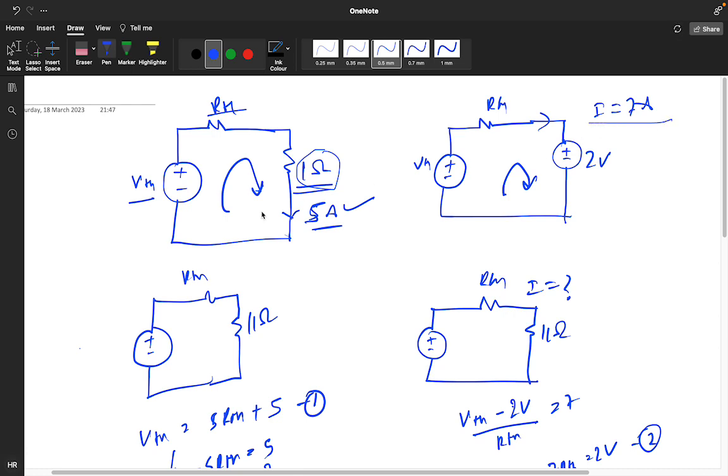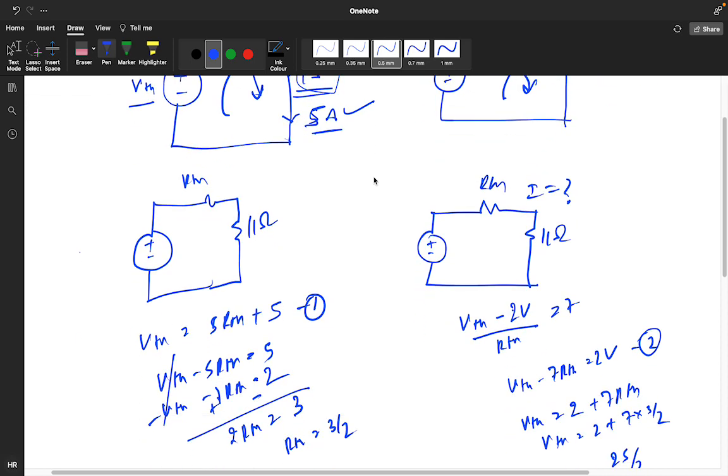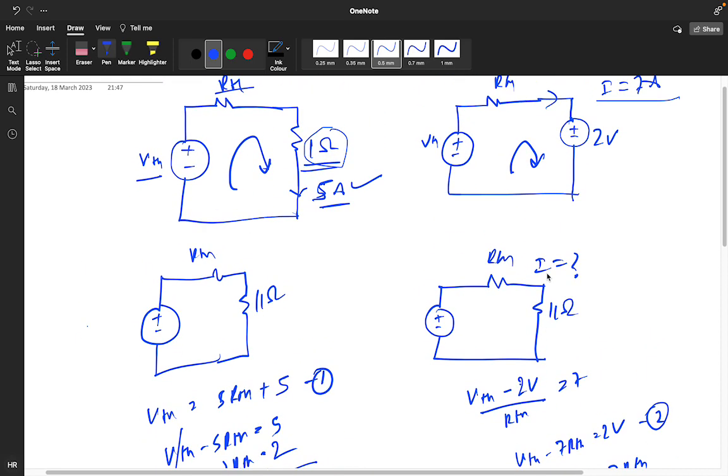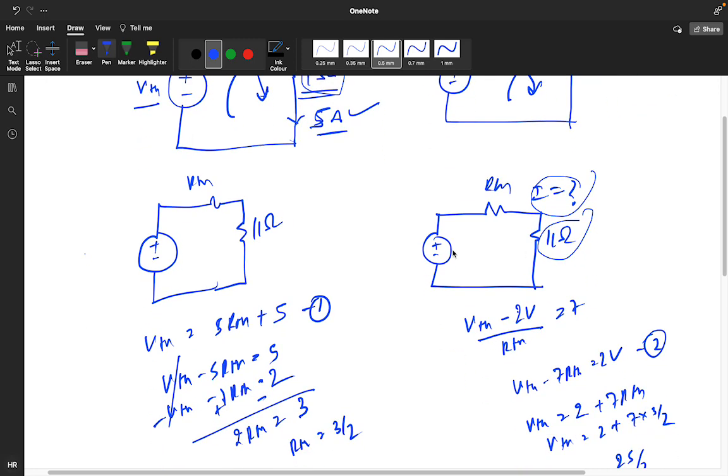Now you have two circuits with the same variables. By using KVL, you can get the values of VTH and RTH. Now what they are asking is, if the same battery is connected to an 11 ohm resistor, how much current will it deliver? You got the value of VTH and RTH, so put the values in this and get the result of I. Understood?